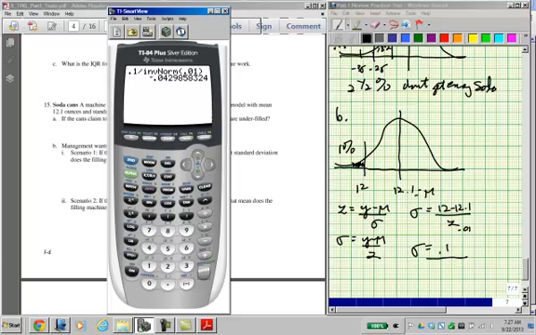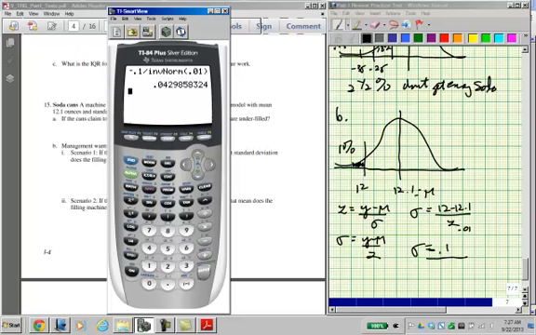Let me clear that. Negative 0.1 divided by, I was forgetting my negative signs, second var's inverse norm of 0.01. Yeah, that's where I'm getting confused.